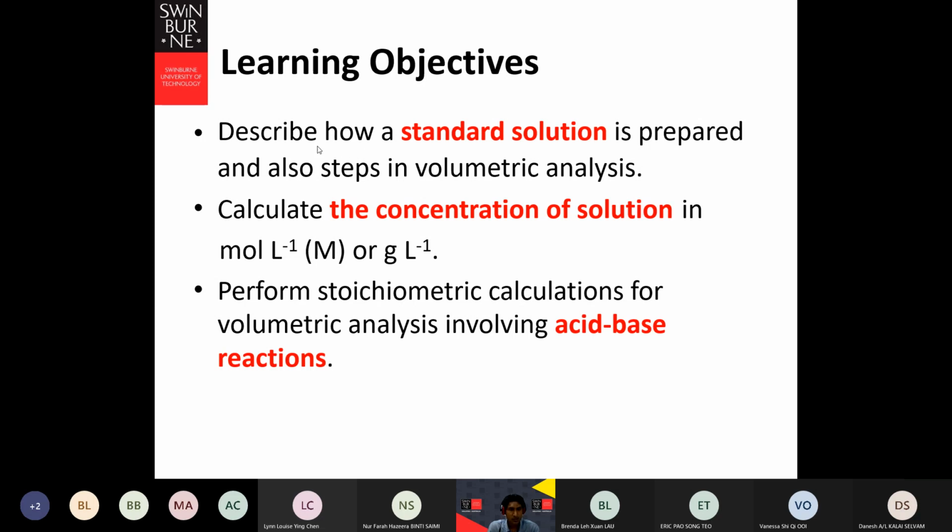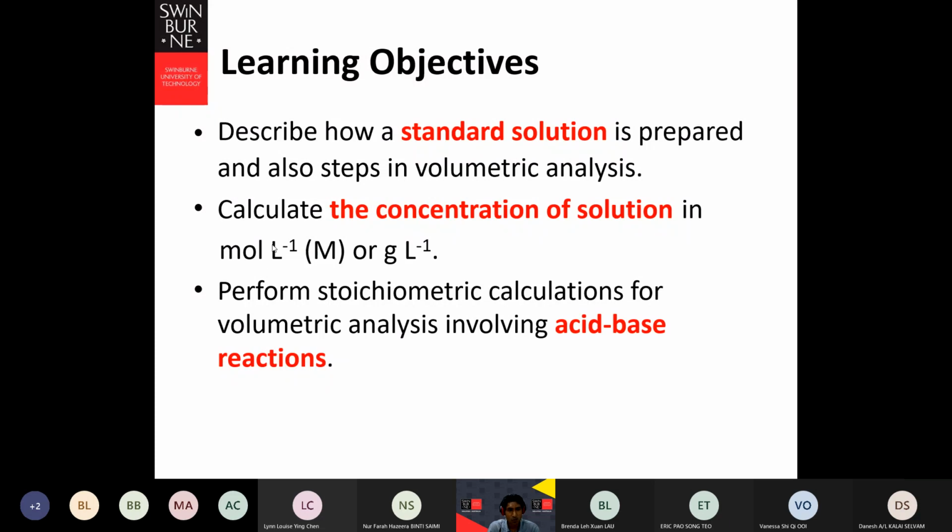To prepare the standard solution, we should be able to measure or calculate the concentration of the solution. So how do we calculate the concentration? We have to understand how to calculate the concentration of a solution.